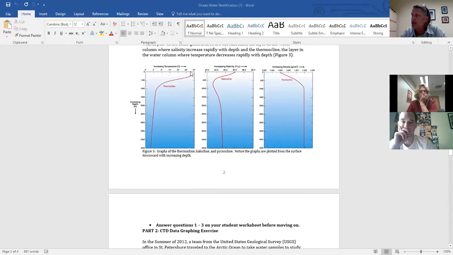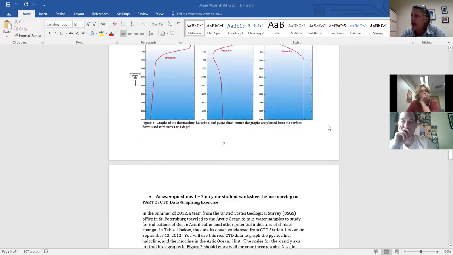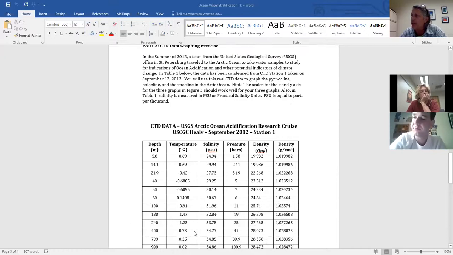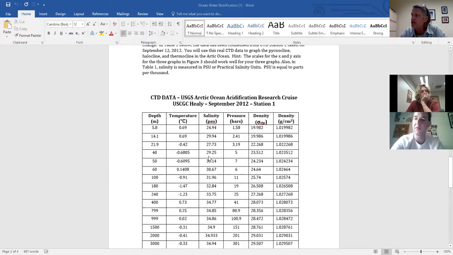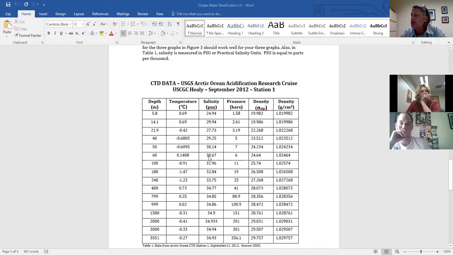It's going to be mighty bunched up top because they're going to be pretty close, and then you'll have the points a little more spread out as you look at the depth. You're going to do that with density, which I charted for you, salinity, and temperature. Make note of the ranges, and then do your curve.